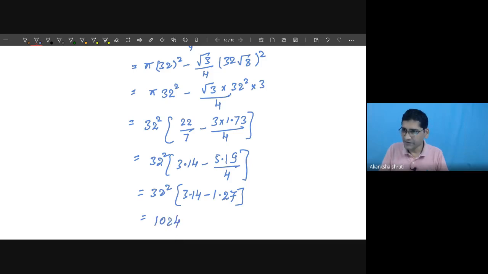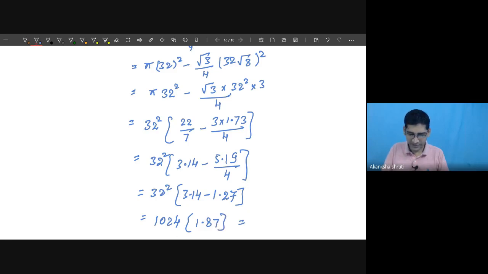It is 2 to the power 5, so it becomes 2 to the power 10. Now take the decimal difference as 3.14 minus 1.27, so let us write this as 1.87.